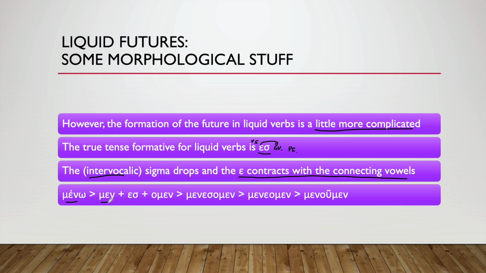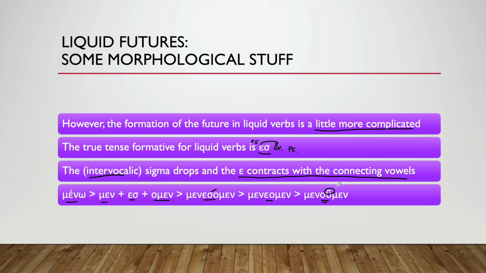You get men plus the tense formative plus the first person plural ending, but the sigma drops off and you get the epsilon omicron, which contracts to omicron upsilon, and you notice that circumflex accent.